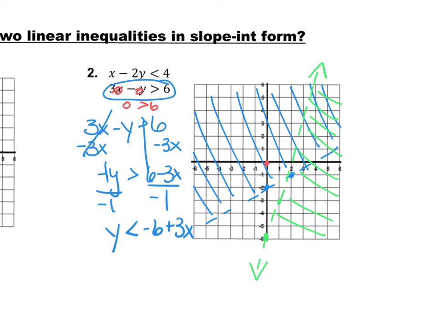No, 0 is not greater than 6, so we had to shade in the opposite direction. All right, so now let's go ahead and find our doubly shaded area, which is right here. And so in this area right here is the solution. So any point that is in that solution, in this shaded area, and not on the line because these are dashed lines, is a solution to this system.